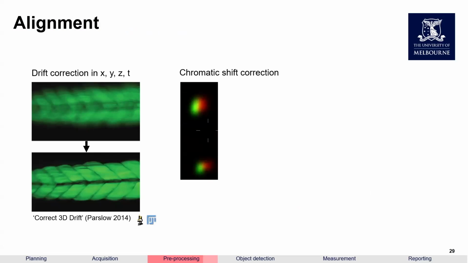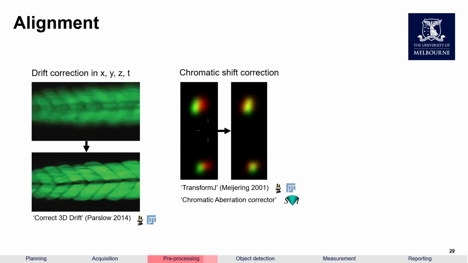But misalignment can also occur between the fluorescence channels due to chromatic aberrations, which means the different wavelengths focus at slightly different positions. This is especially important to correct before any colocalization measurement. Tools like TransformJ in Fiji and the chromatic aberration corrector in Huygens can help with this type of misalignment.